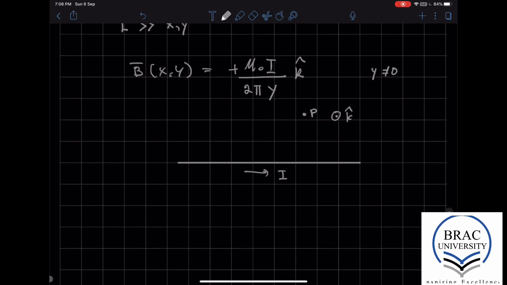But if the point was at a negative y value, if this was P, then the magnetic field would be pointing into the page. That's because over here the value of y is negative, and therefore that minus sign flips the direction of k. So this is the answer that we get from Biot-Savart's law.